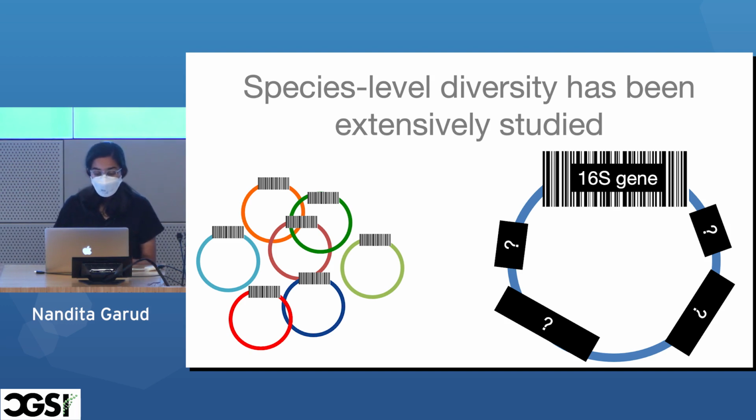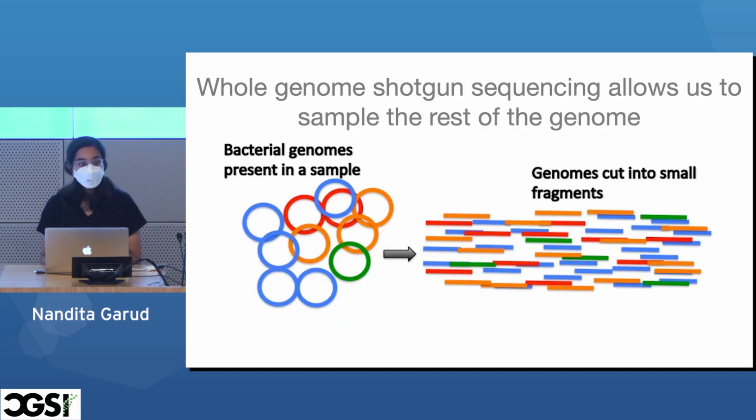So you need a technology that can tell you about what's going on in the rest of the genome. That brings me to whole genome shotgun sequence data. You take a sample, and for those of you who don't know, a lot of the data for microbiome studies comes from stool. You take a stool sample, you extract the DNA, and basically we take all this DNA and shear it, cutting it into small fragments, and then sequence that.